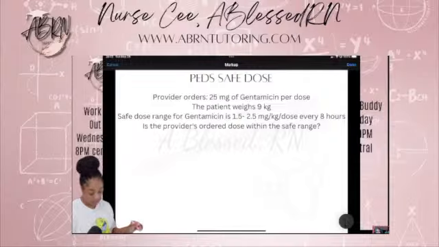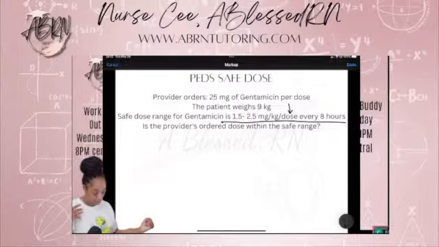This type of question for pediatric safe dose, we are making sure that what's ordered is safe. You do that by figuring out your safe zone using your safe dose range. This is per dose, okay? It tells you that this is per dose. Sometimes they say per day.